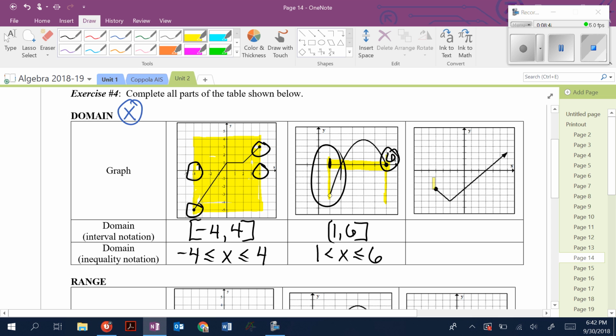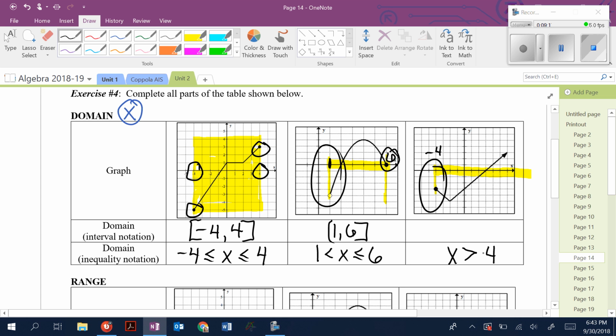All right, lastly, here we go. From here all the way to, whoa, we could go on and on forever. Interesting. Okay, so what value of x is this? 1, 2, 3, 4. That's -4. So x is always bigger than -4, isn't it? I'm going to do my inequality notation first. x is always bigger than -4.